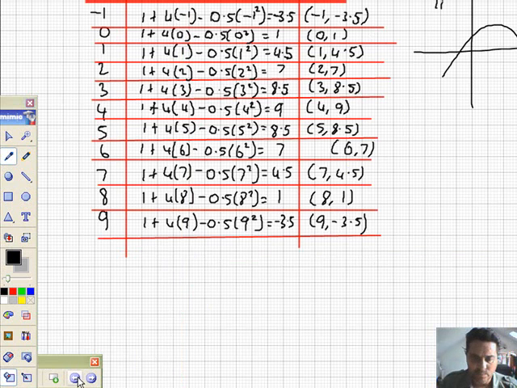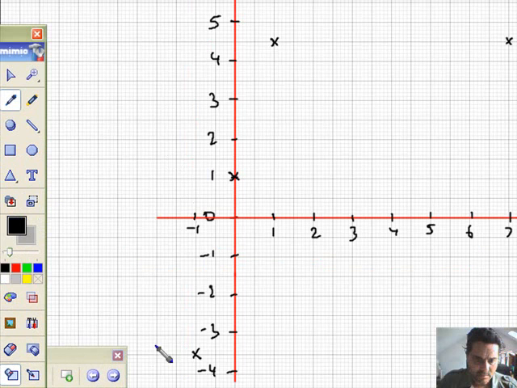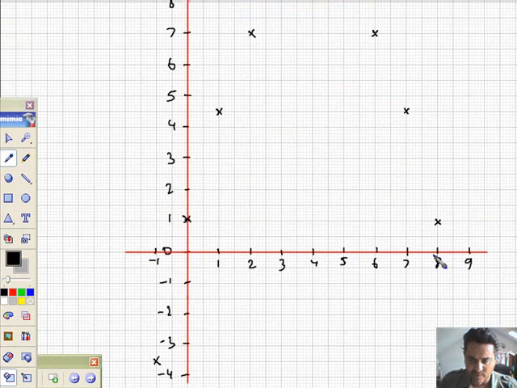Then we go 8 and 1. Then we go 9 and -3.5, I think. I'm going to plot it anyway. Just check it. Yeah, 9 and -3.5. Just here, it's quite hard to see this. Right, so there it is.